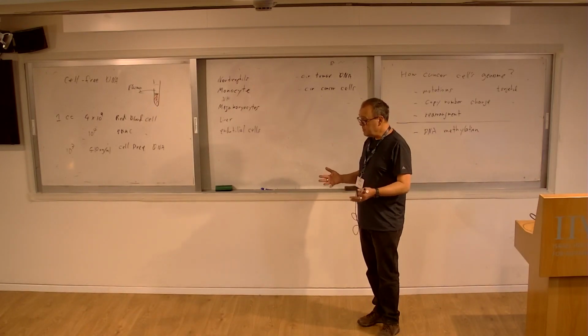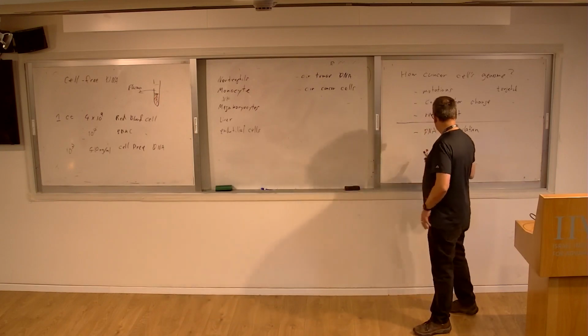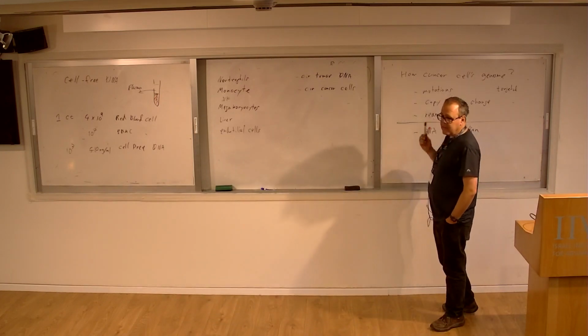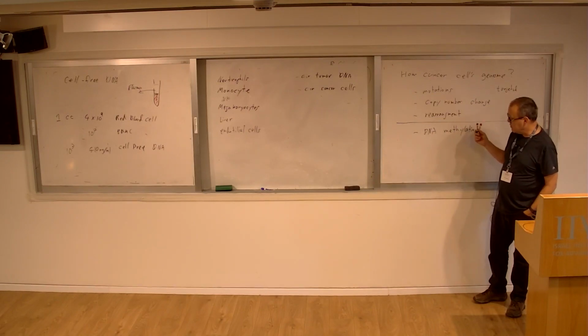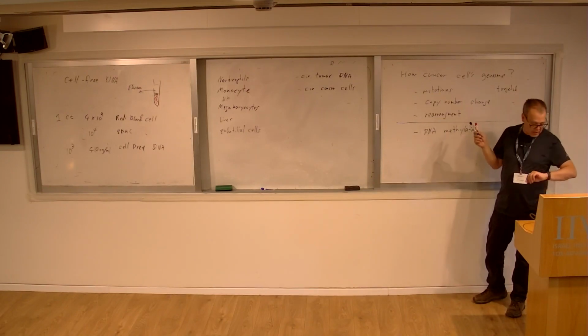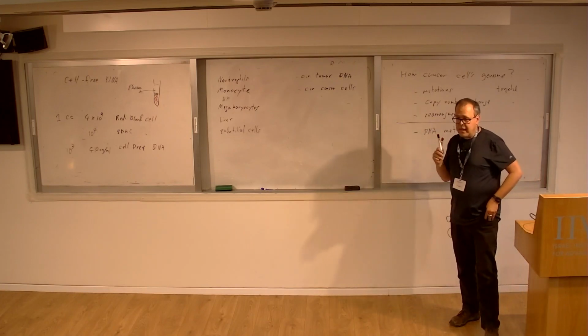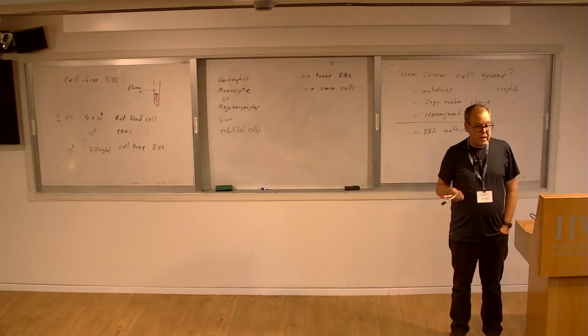Okay? Today there are several companies that sell either something that uses DNA methylation or something that I'll talk about very briefly in a second, as tools for early detection of cancers.